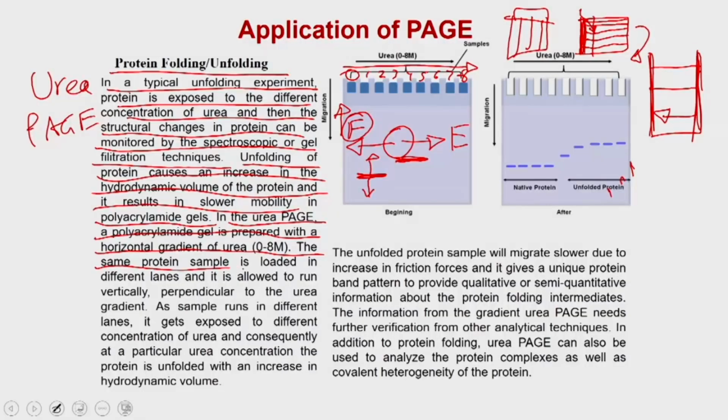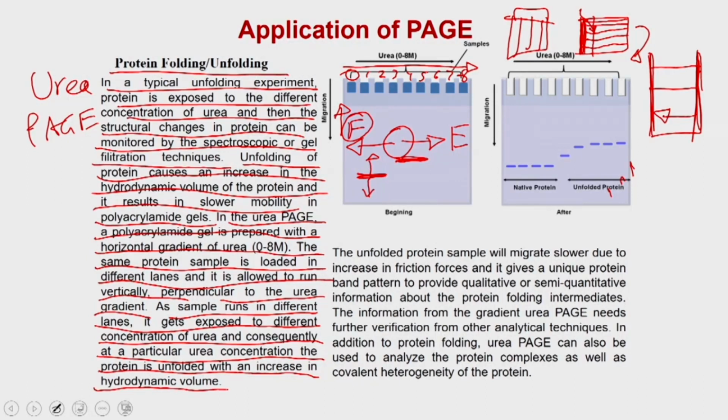The same protein sample is loaded in different lanes and allowed to run vertically, perpendicular to the urea gradient. As the sample runs in different lanes, it gets exposed to different concentrations of urea, and at a particular urea concentration the protein is unfolded with an increase in hydrodynamic volume.